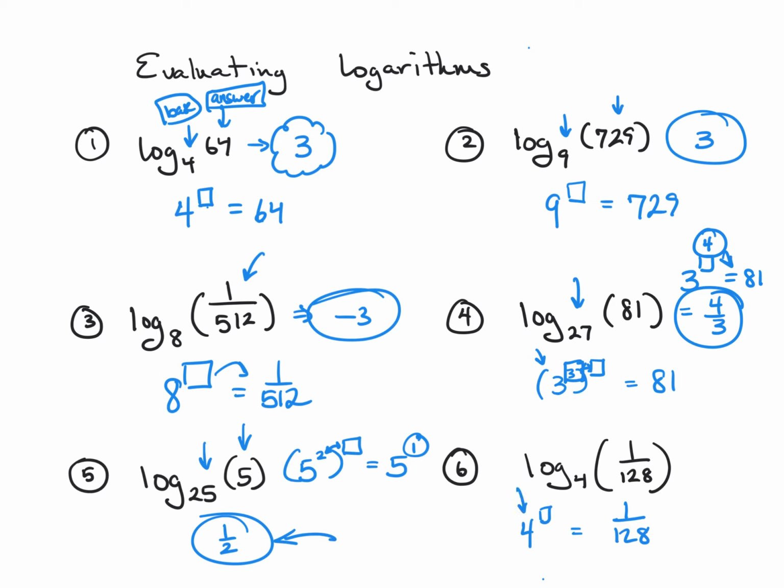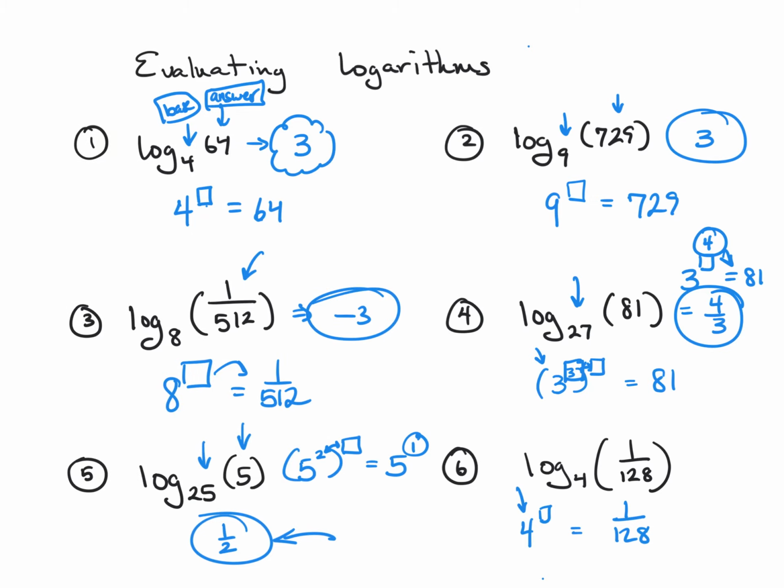So sometimes if you're told to do this by a calculator, just check your base. My base in this case is actually an exponential value itself, which means I can rewrite this, very quickly, as 2 squared raised to what power gives me 1 over 128?